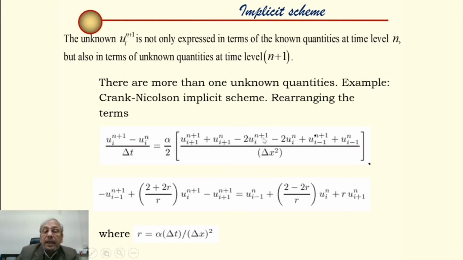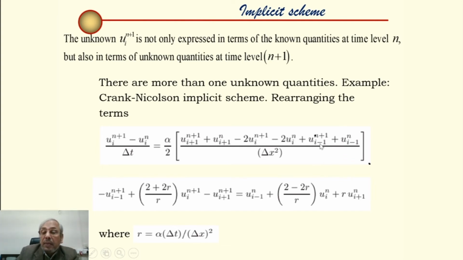Then u_i at n plus 1th level, minus twice u_i at n plus 1, minus twice u_i at nth level. So at every i location, whether i plus 1 or i minus 1, it is basically the summation of n plus 1 and nth level by 2.